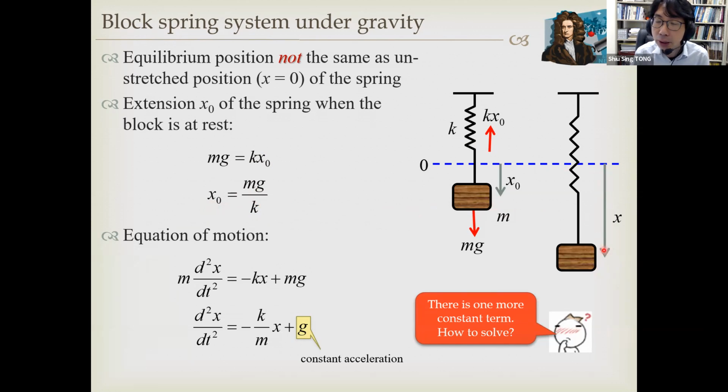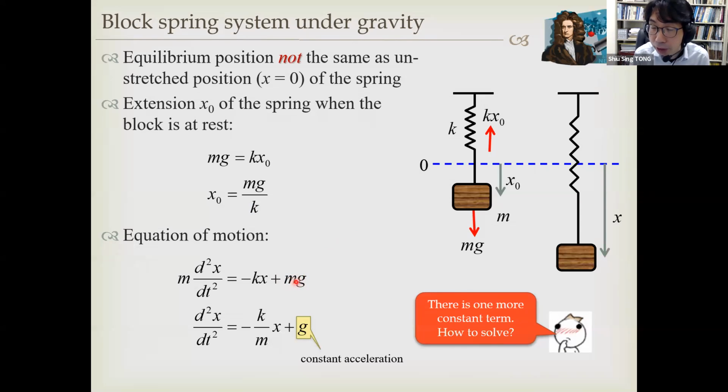Now I stretch the mass further down, such that its general extension is x. I want to describe its subsequent motion when the mass is released. When the mass is at a general distance x below the unstretched level, I would like to write down the general equation of motion. The force of gravity is still there, so I have a downward force of gravity mg, and I take the downward direction as positive now.